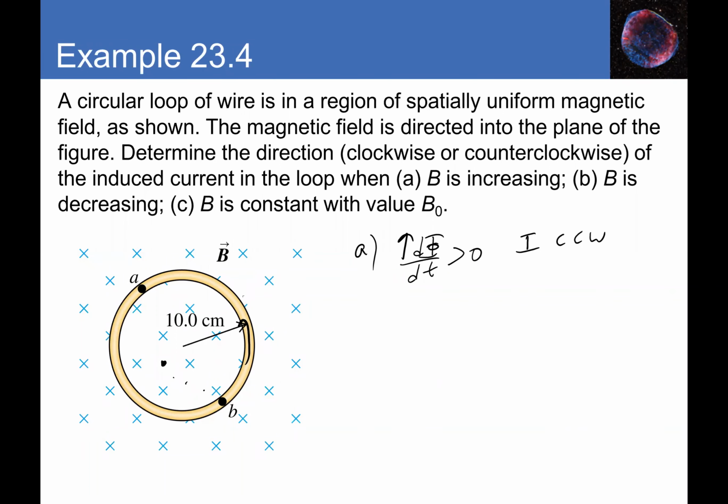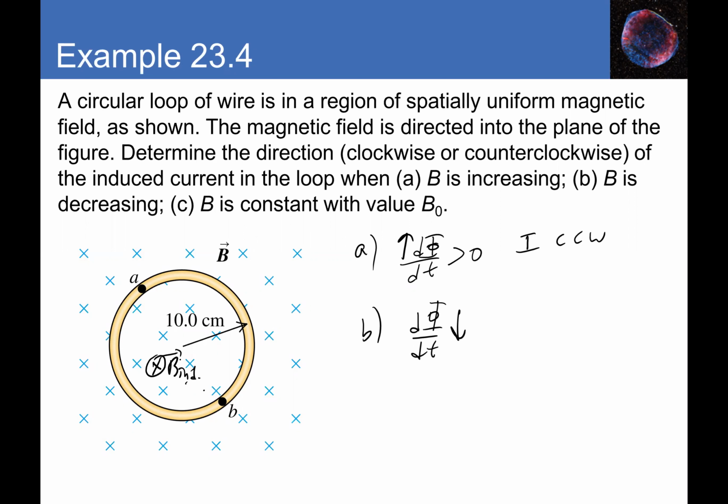All right. So let's see what happens for part B. For part B, it says B is decreasing. That means magnetic flux here is decreasing, right? Well, if it's decreasing, that means the loop is going to try to reinforce it. That means it's going to try to pump magnetic field in the same direction as the original magnetic field.